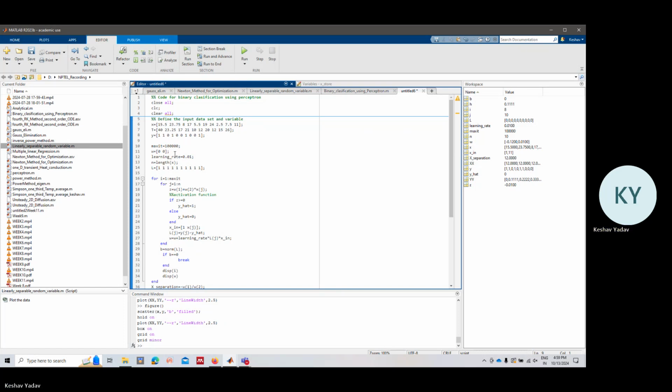Now what I need to do is define W as three terms now. Learning rate will be the same.